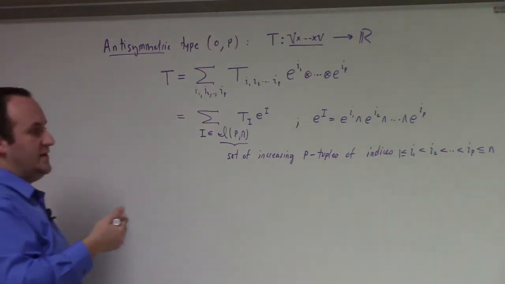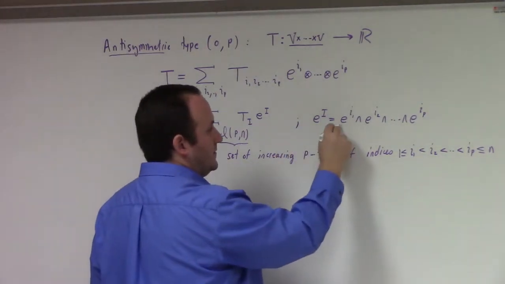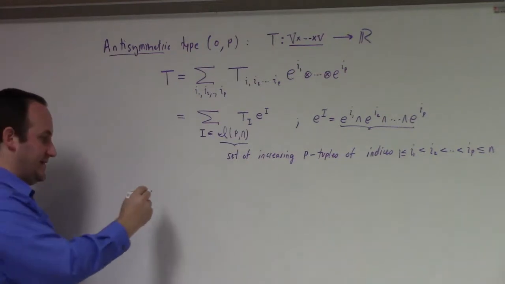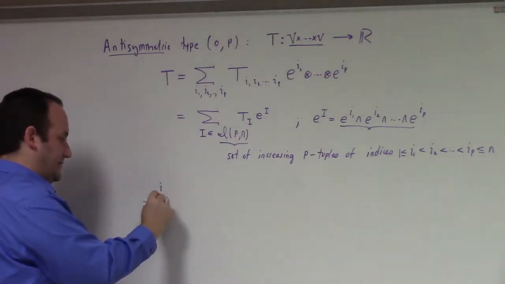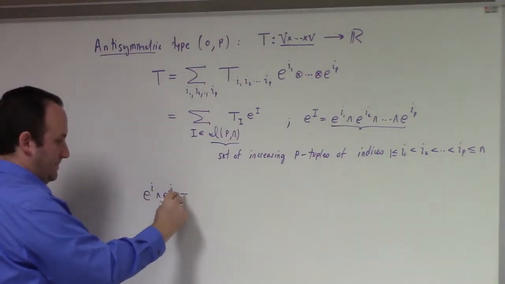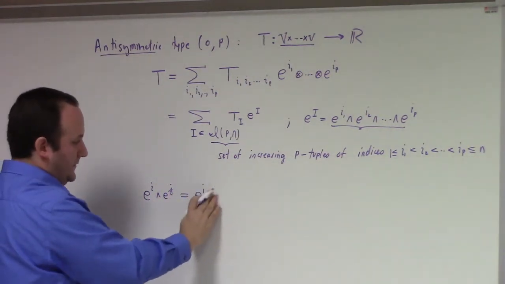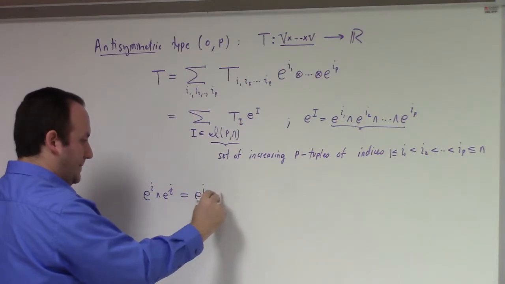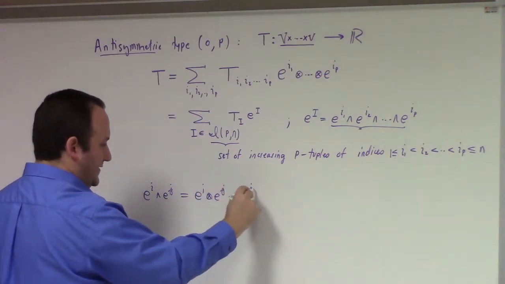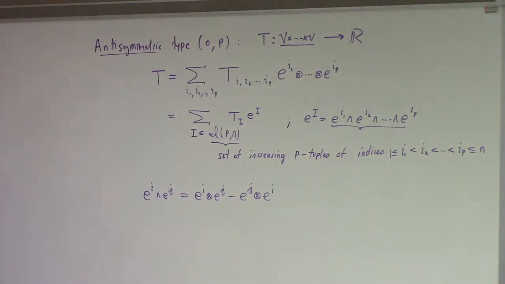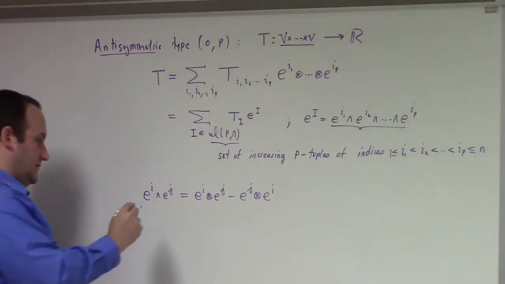And then this so-called wedge product of the basis elements, how did we define it? Like we said, e_i wedge e_j was what? e_i tensor e_j minus e_j tensor e_i, right? And for three things, what do we do?